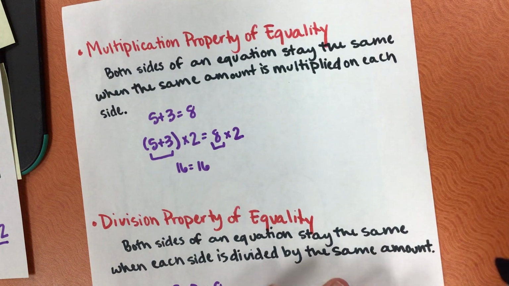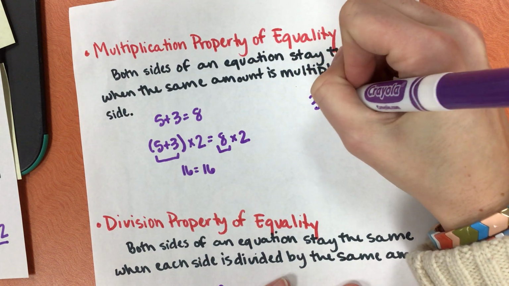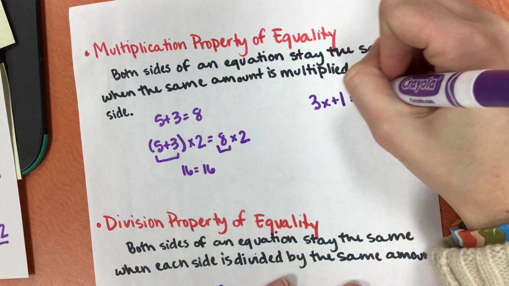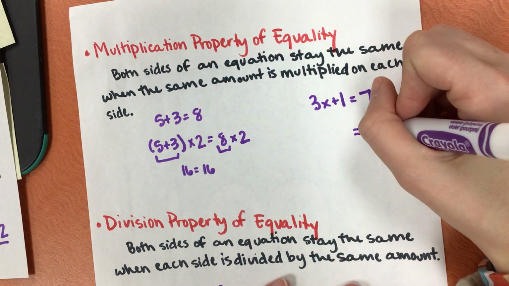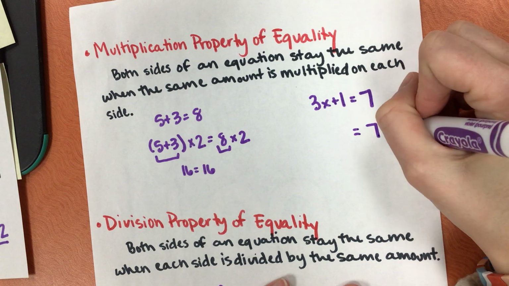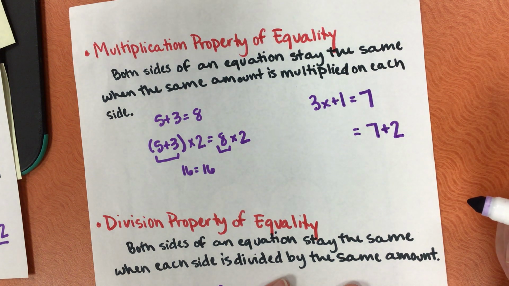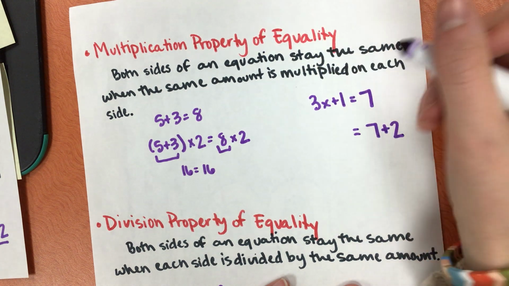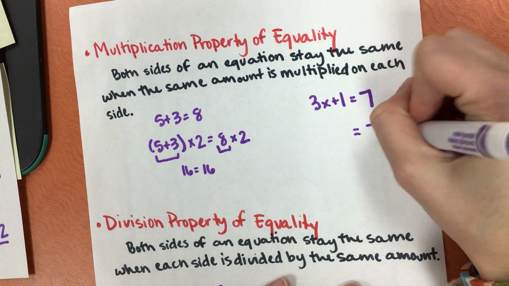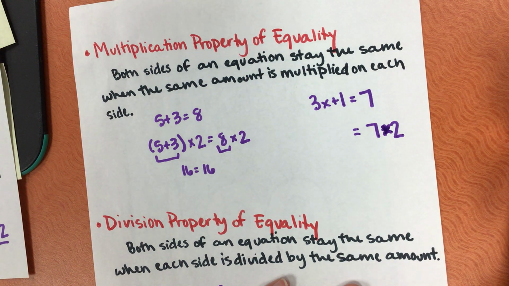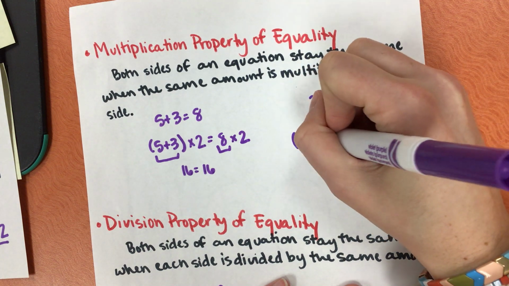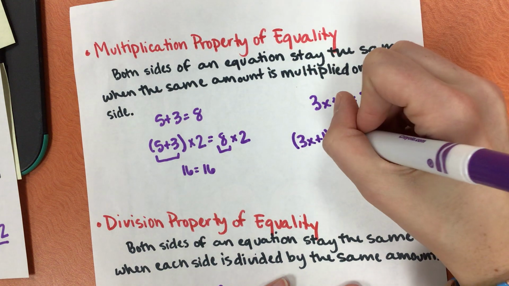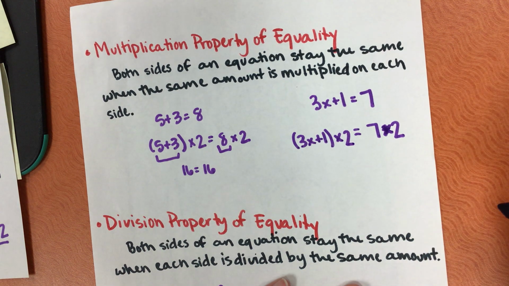For a multiplication example, I have 3x plus 1 equals 7. If I were to change the right side of my equation to be 7 times 2, I'm going to group this in parentheses so that we can do order of operations, but then I also have to take the left side of my equation times 2.